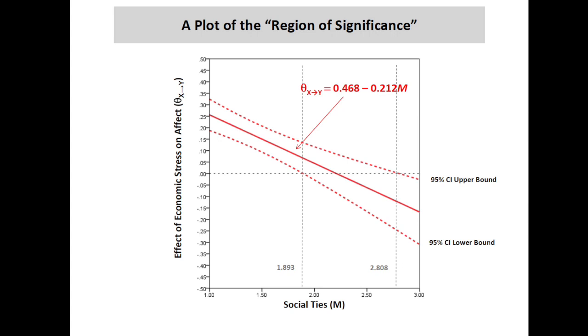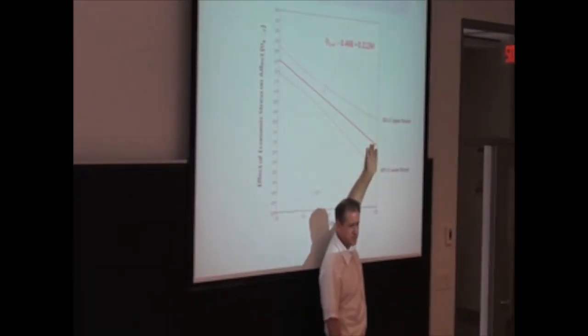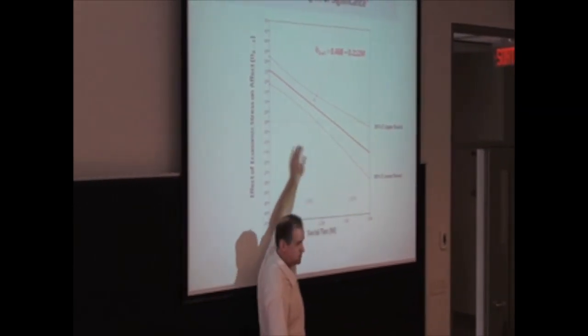For values to the left of that 1.89, the confidence interval is entirely above 0. So 0 is here. And for values to the right of 2.8, the confidence interval is actually entirely below 0. Now, there's almost no one in the data this high. So I really wouldn't interpret this as a negative association. That's personally because I know the data. There's really not enough data up here to make much of this. There's plenty of data down here, though.